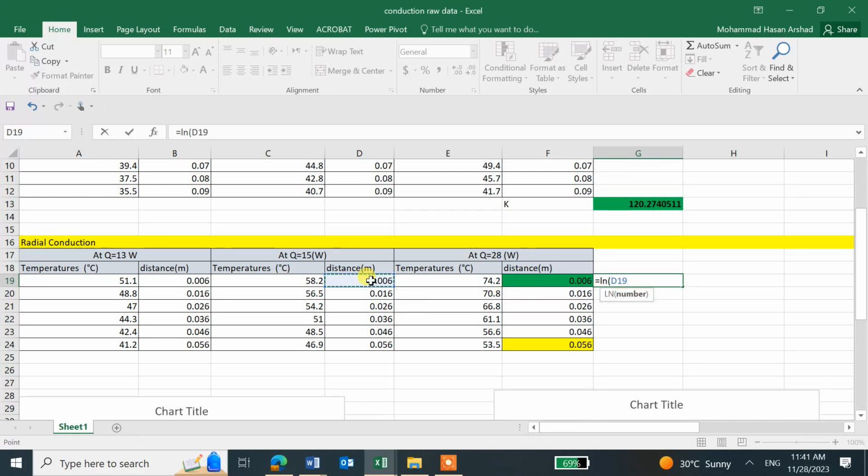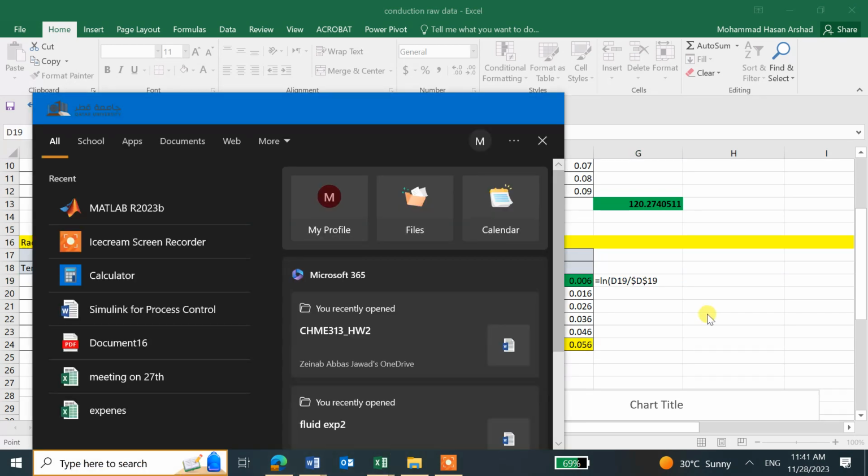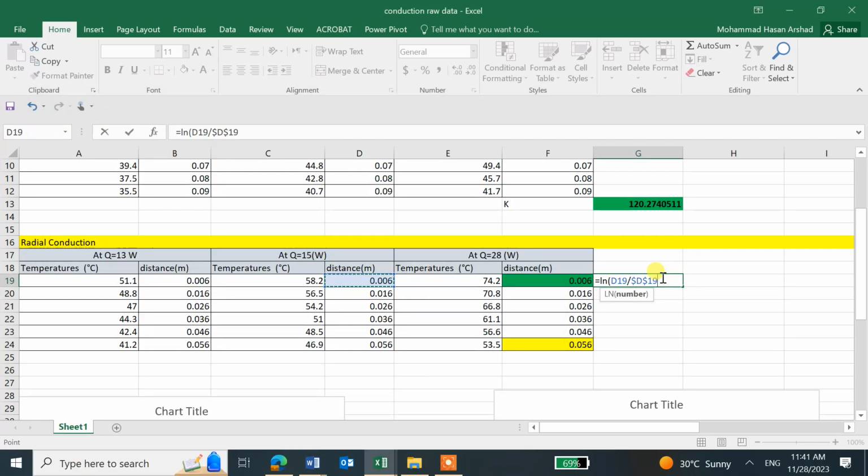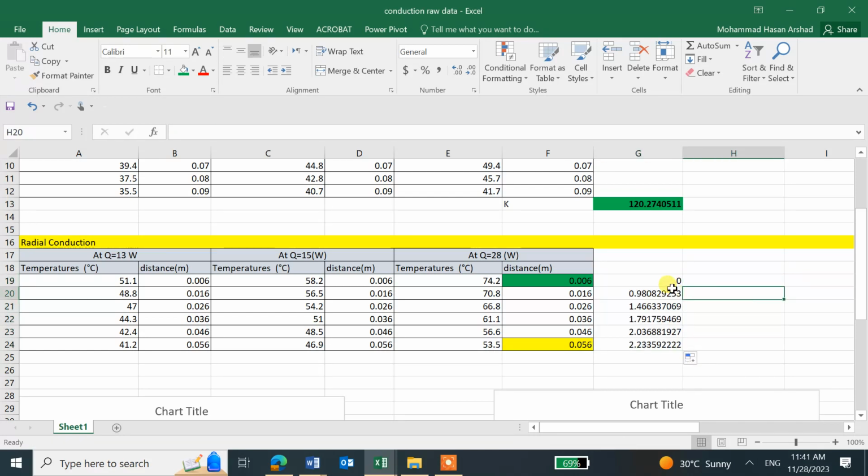This will change, right? So ln r naught divided by ln ri, which is the same, but ri I need to fix. Ri is constant, and this is varying. I will drag this one, so all the time we are dividing by the inner.